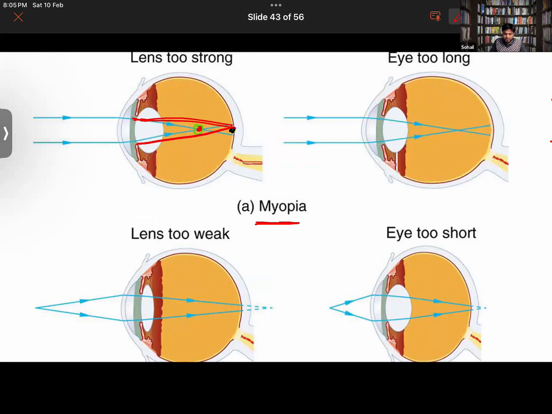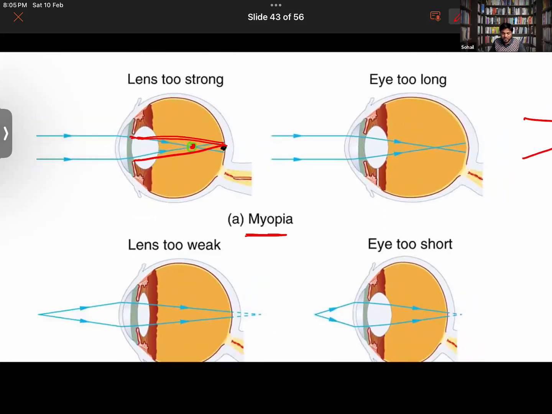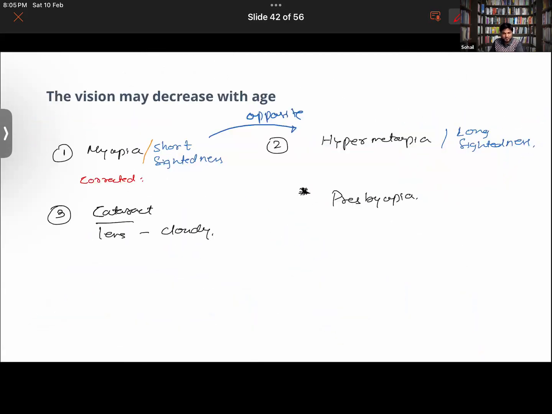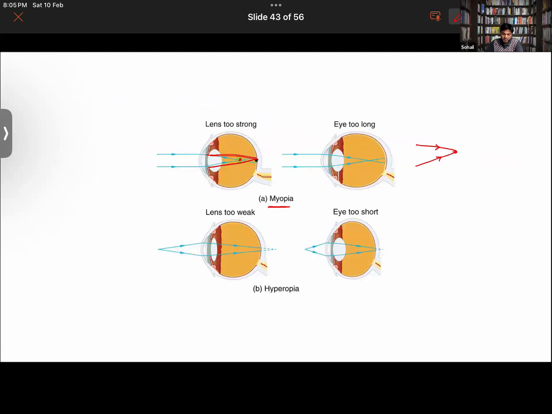Getting it now? So thereby you'd be using a concave lens. Exactly, that is a concave lens. So it is corrected using a concave lens. Is that clear to everyone? Okay? And when you use the concave lens, you place a concave lens in front of the eye.